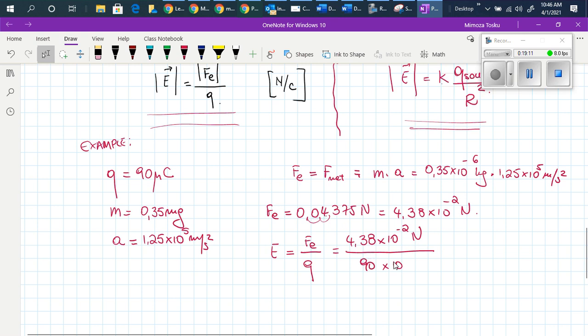You'll have that conversion in your formula sheet. So 90 times 10 to the power of negative 6. Use brackets. Do not be afraid to use brackets. So then the electric field strength is 4.86 times 10 to the power of 2 newtons per coulomb at that point.